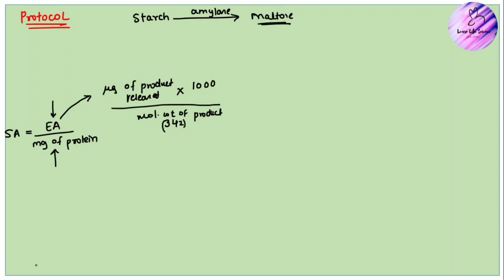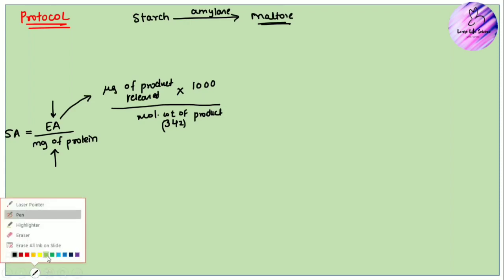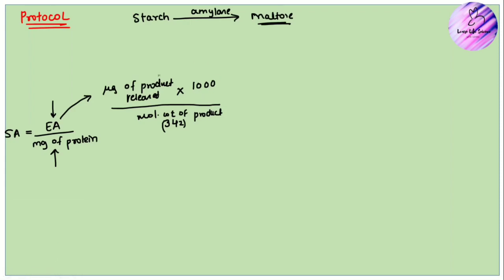Now what is this microgram of product? Microgram of product is nothing but the unknown concentration you obtained in your sample, that is OD by slope. We generally calculate the concentration of unknown, that is the concentration of maltose, the concentration of product, by simply dividing the OD by its slope.